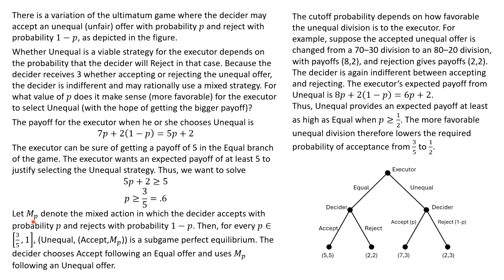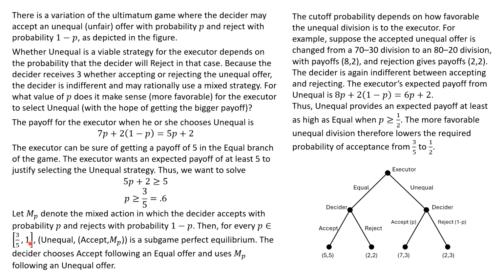So if we let M sub P denote the mixed action in which the decider accepts with P and rejects with 1 minus P, in other words, this strategy here, then for every P greater than or equal to 3/5, less than or equal to 1, the strategy unequal, accept/M sub P is a subgame perfect equilibrium.